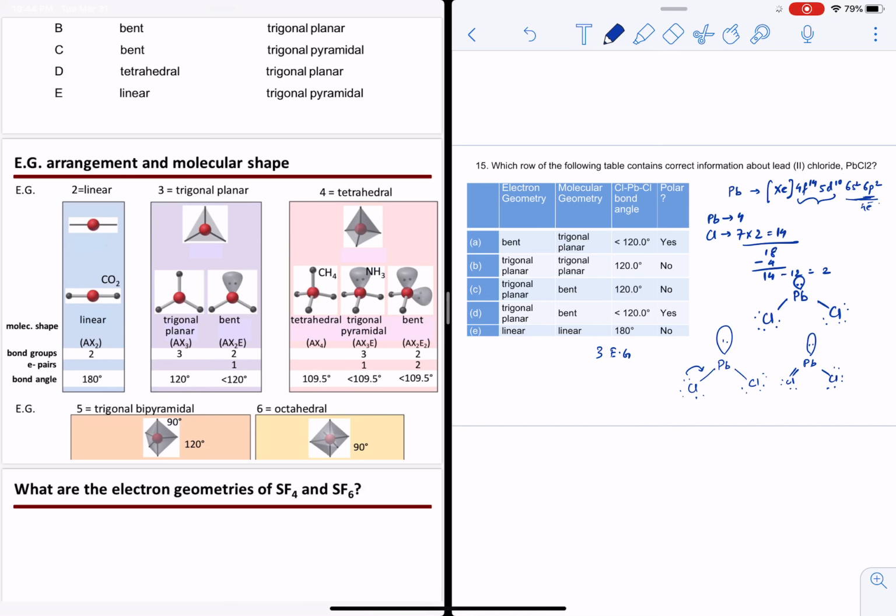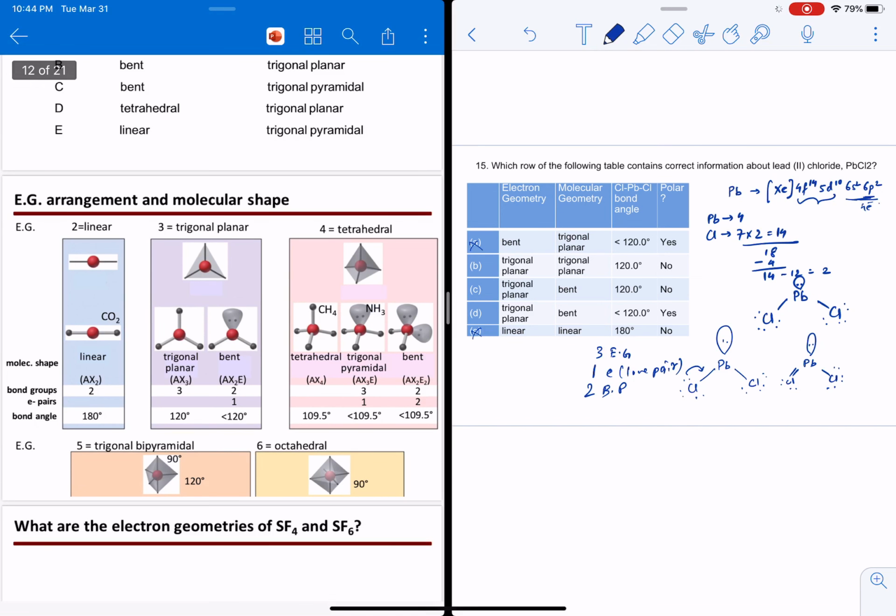So options E and A are out already. Next we check the type of molecular shape. Since it has 1 lone pair and 2 bond pairs, we know that it would be a bent structure. If you see under trigonal planar, it will be a bent structure.